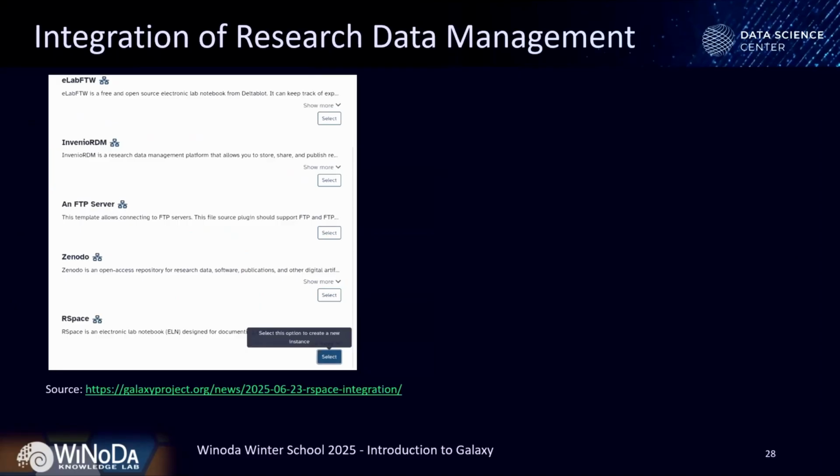We even have integration of different research data management tools. For example, as a storage space, we can use RSpace or eLab FTW. Those are different electronic lab notebooks. You can integrate that with your Galaxy and download data into the ELN again after your analysis.